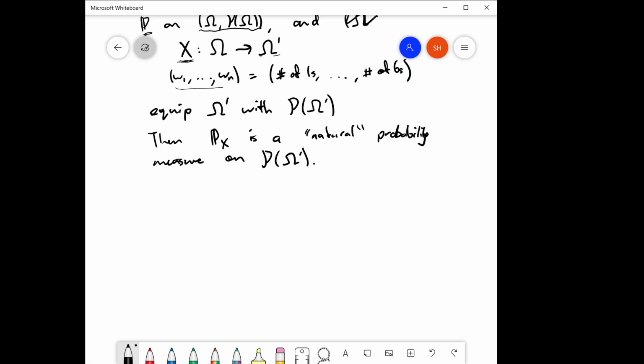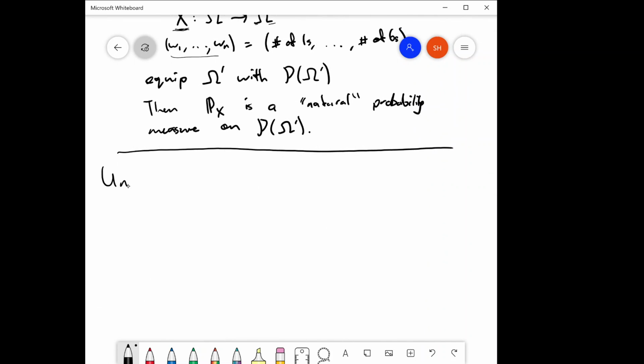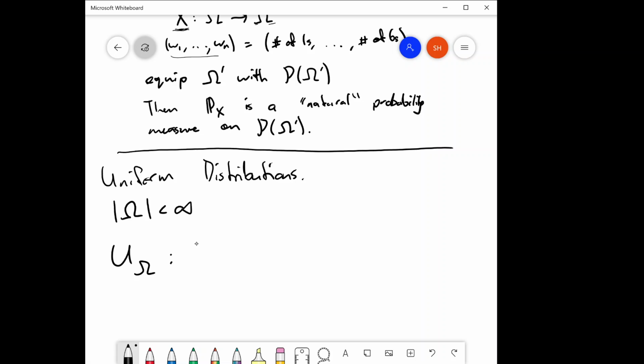Okay, the first probability distribution that we're going to look at, we have actually already seen. I preempted a bit, but I'll just remind you what it is. Uniform distributions. If we have some finite set omega, then we can define the uniform distribution, U omega, which is defined on the full power set of omega to 0, 1.